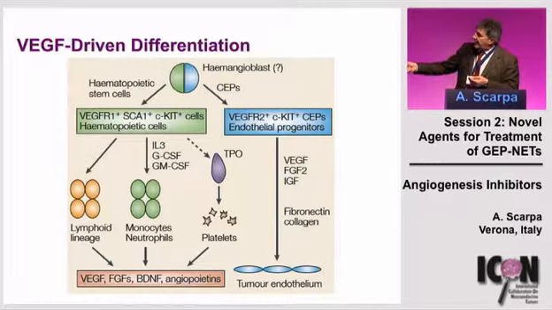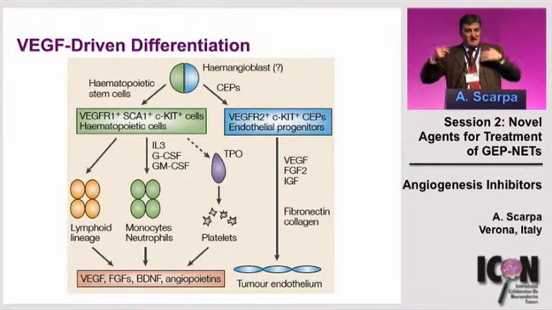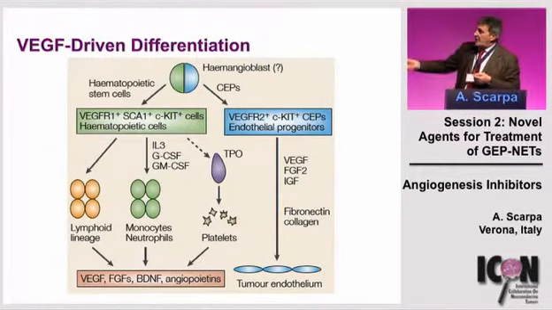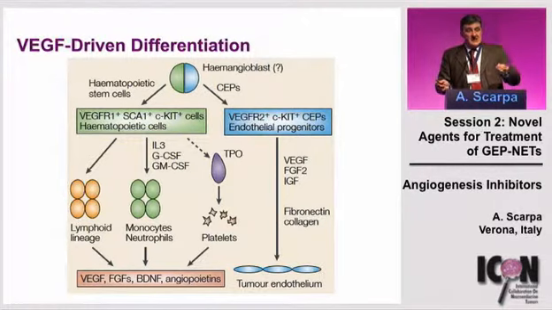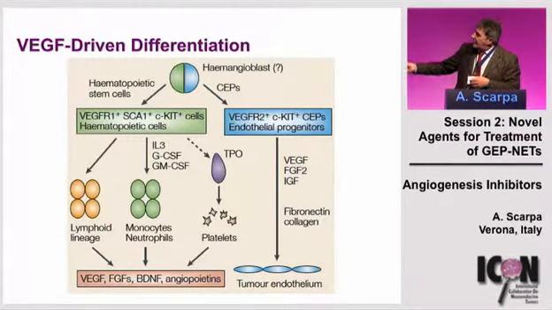And VEGF is not only letting the tumor endothelium grow from where it exists, but VEGF is also released and calls cells from the bone marrow. These are hematopoietic cells that will form the dendritic cells, the T cells, or whatever, that go into the tumor and form the tumor tissue, but also the pre-endothelial cells.